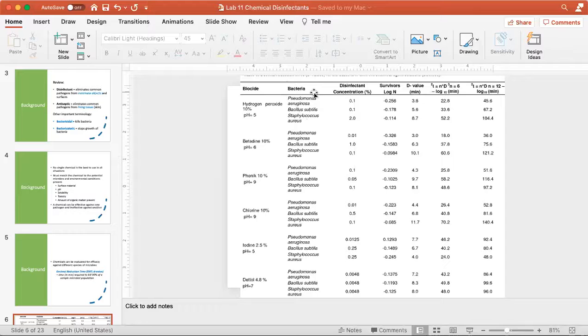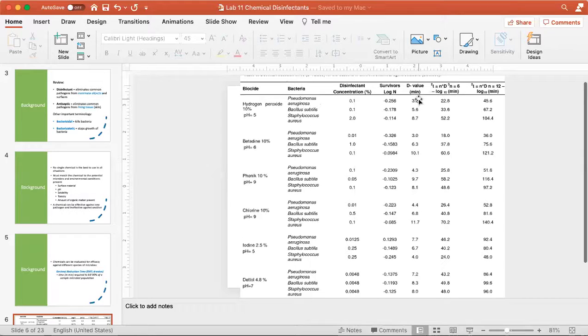It likes to get into the bodies of people who have a compromised immune system, and it can cause problems for them. So against Pseudomonas aeruginosa, the D value is 3.8 minutes.